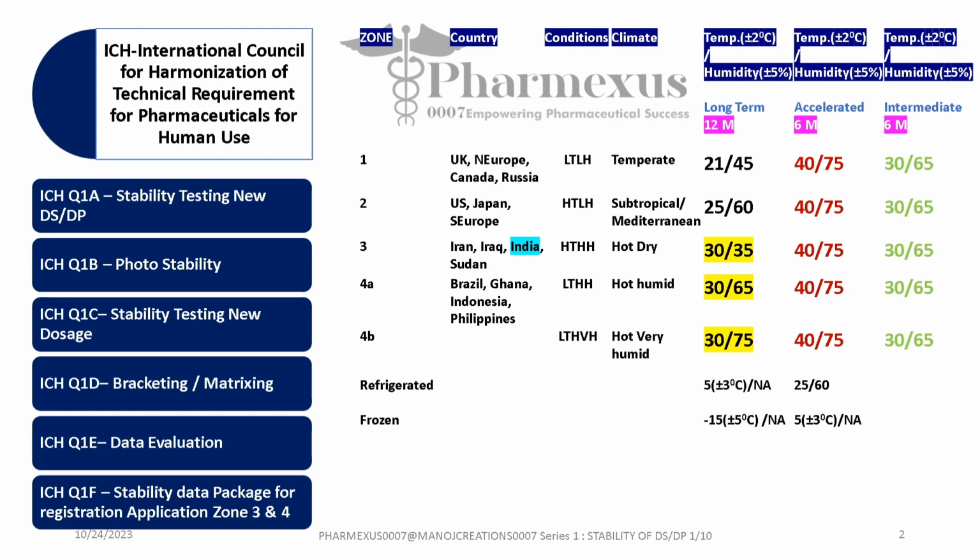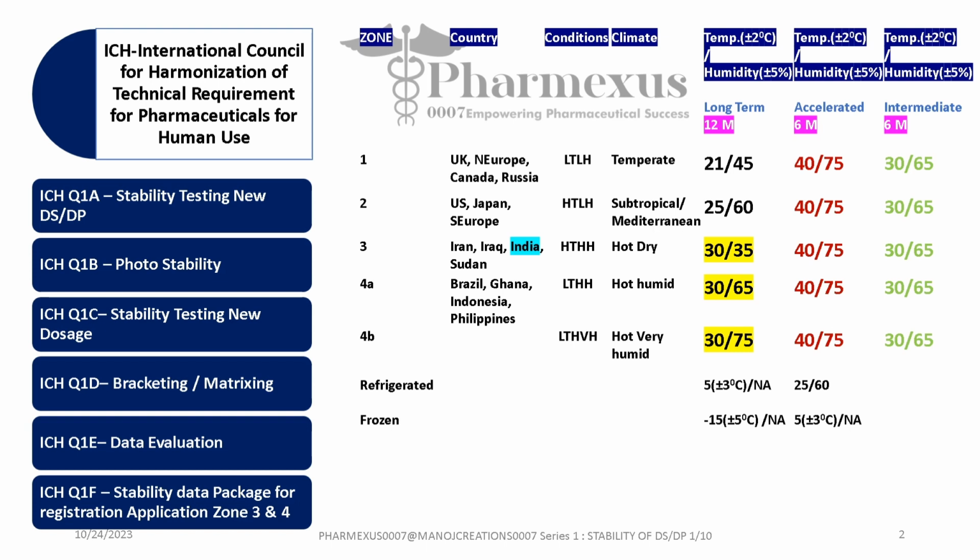ICH Q1C, stability testing of new dosage forms. ICH Q1D, bracketing and matrixing designs, how we do the bracketing and matrixing for conducting the stability studies. And ICH Q1E, evaluation of all the data collected across the stability study. And ICH Q1F, stability data package for registration applications for zone 3 and zone 4, which has been withdrawn by ICH.